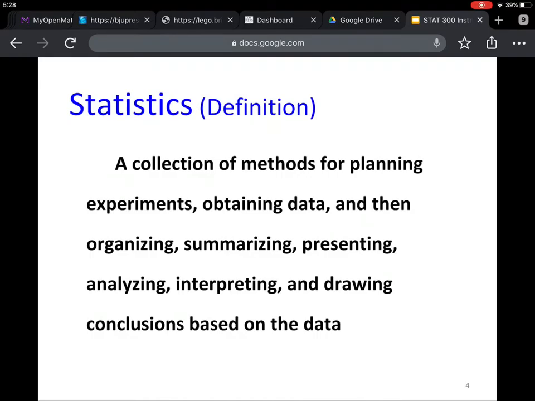The second is organizing the information via a table, a graph, or by finding the mean, median, mode, mid-range, and the variation, how the data varies. The third step is analyzing and interpreting to come up with conclusions based on what the data is actually saying.